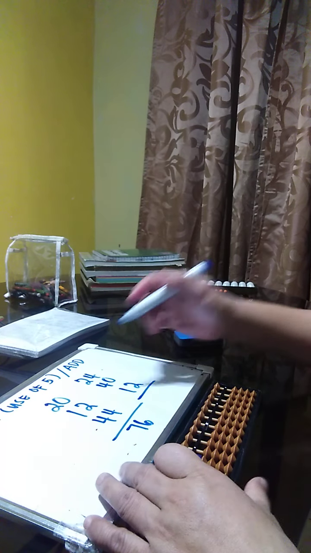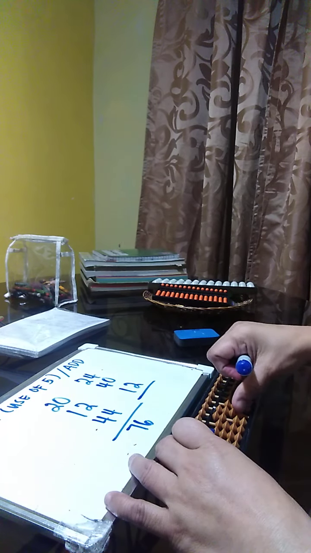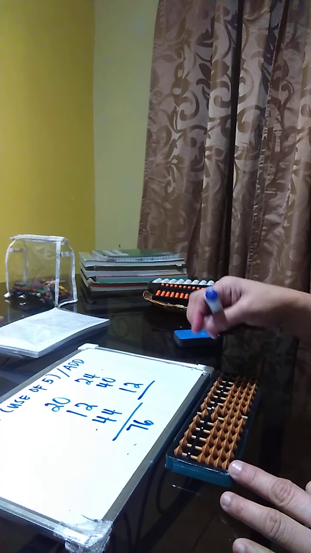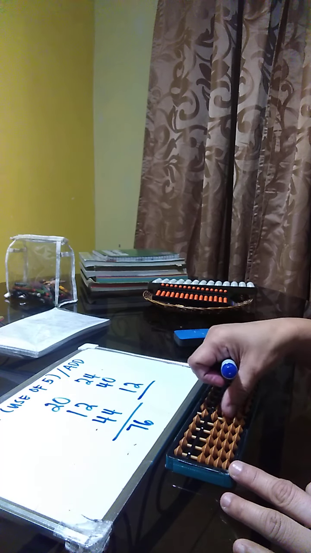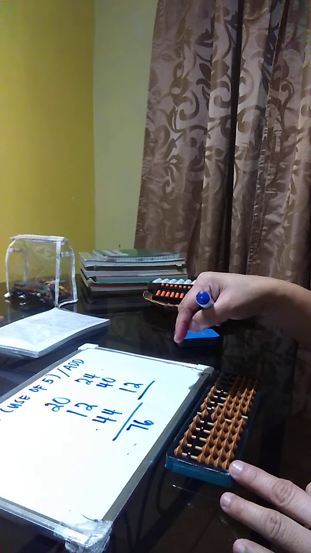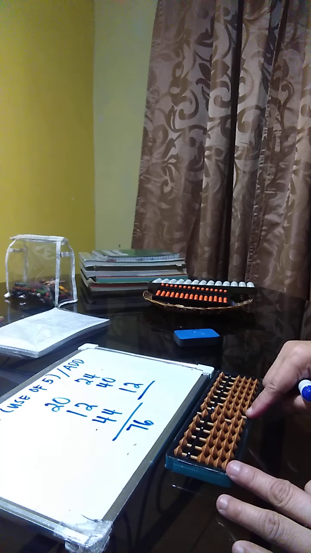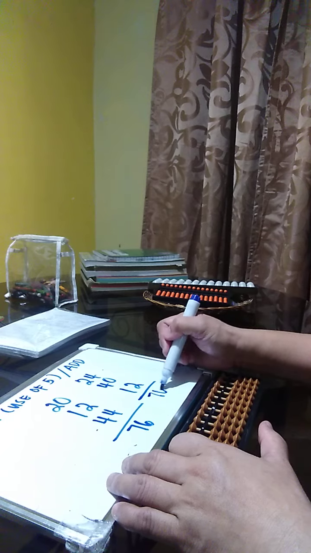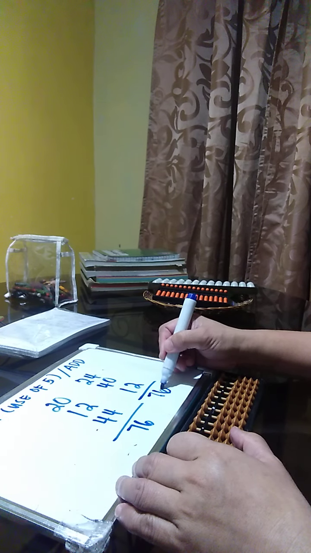Let's say 24. Add 40. Of course, 40 is like this. Then add 12. How do I add 12? You add the 10 directly, but you add the 2 indirectly. How do we add 2? I don't have lower beads left. You use the 5 and take away 3. So if your answer is this, you got it right, 76.